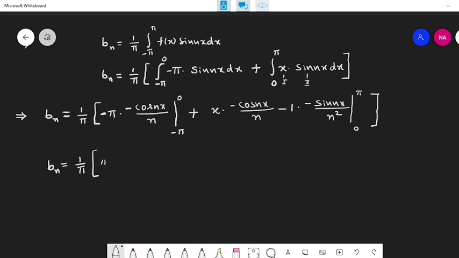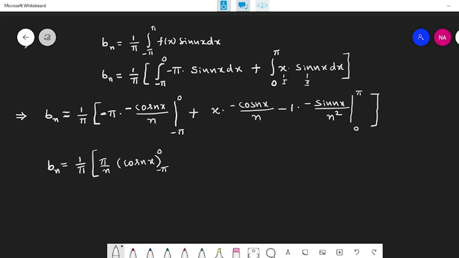So plus pi by n times cos nx, which should be evaluated between minus pi and 0.